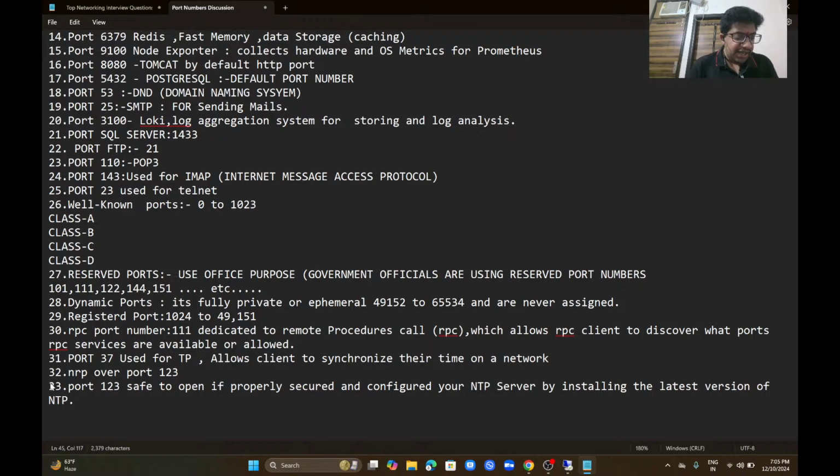Otherwise it does carry some security risks, meaning sessions and any certificate-related purposes. It will be very risky. It can be hacked by some hackers.